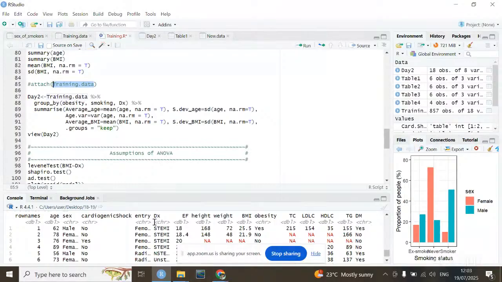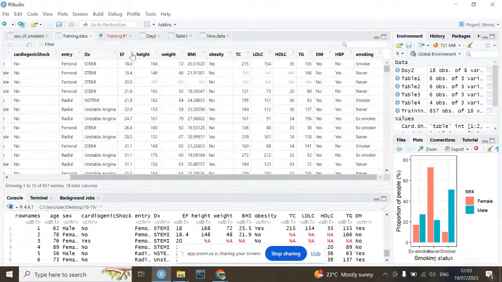Which variable should we test? We have the EF, the plant, the height, the weight, the BMI. So this is the normality test for those quantitative variables.